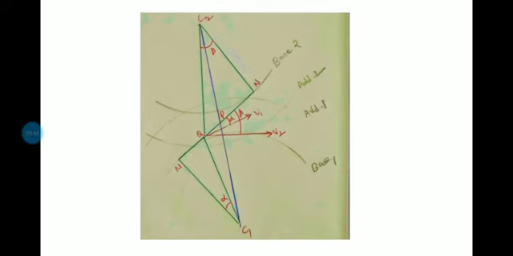So the next step is to find the velocity of each gear along MN. For that, you have to draw the velocity directions of both gears. First, see gear 1. At gear 1 now the point of contact is Q. What will be the velocity direction?